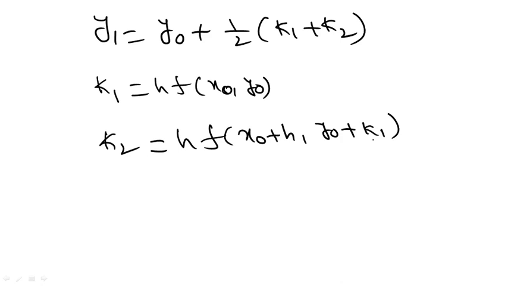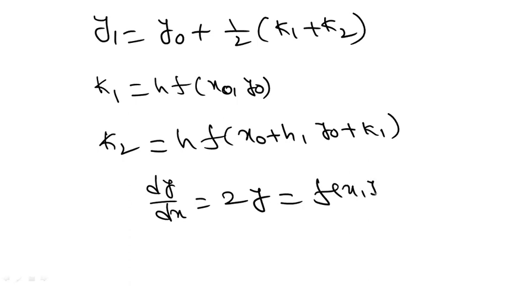Okay. So we are given dy by dx equal to 2y, that we call f of x comma y.